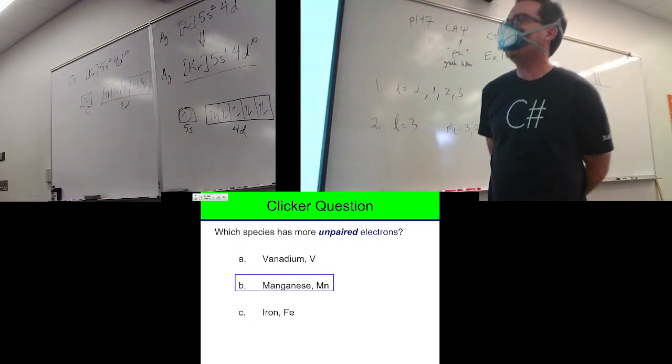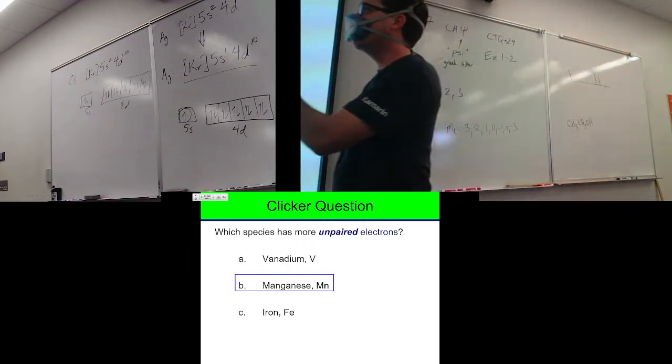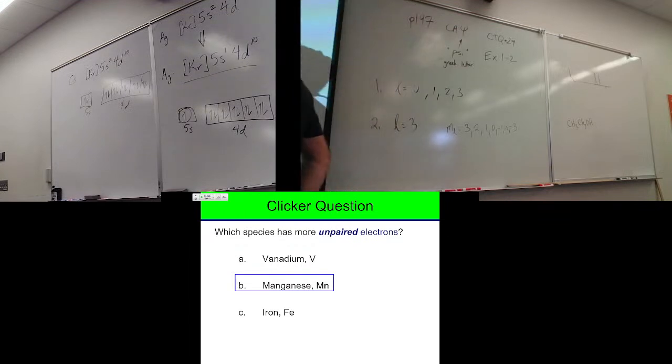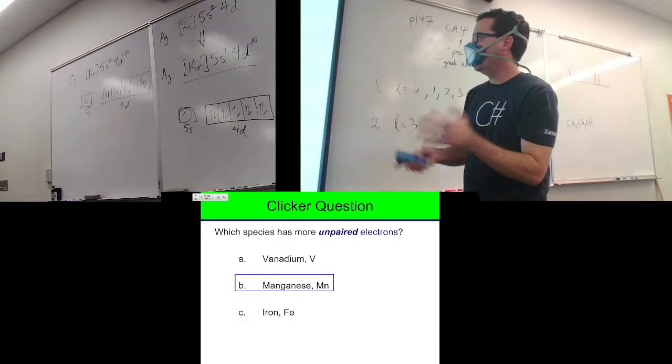If you do the electron configuration for these things, they all are similar. They have the argon core, 4s2, 3d something. So for vanadium it's 3d3. For manganese it's 3d5. For iron it's 3d6. And you have to do the orbital diagram configuration, which is not here.